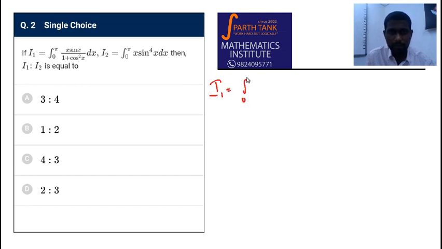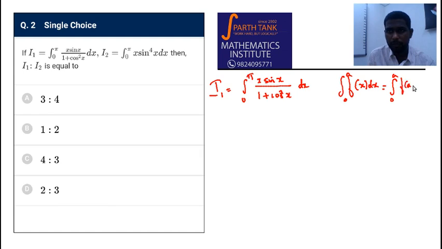I1 is integral 0 to pi x sin x by 1 plus cos squared x dx. Now we know that integral f of x dx from 0 to a is equal to integral f of a minus x dx, 0 to a.